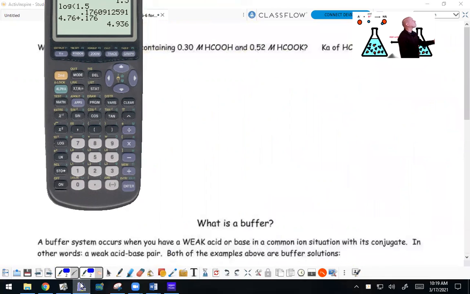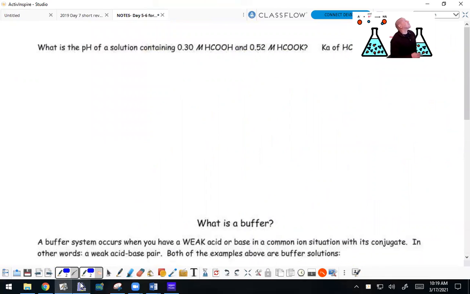Next one. What is the pH of a solution containing 0.3 molar HCOOH? That's called formic acid. And then you have the formate ion with the potassium ion. So there's our buffer. We have the weak acid and we have its conjugate base.